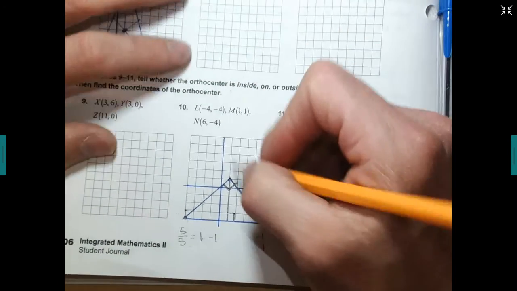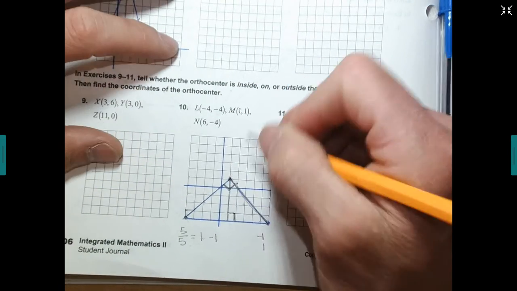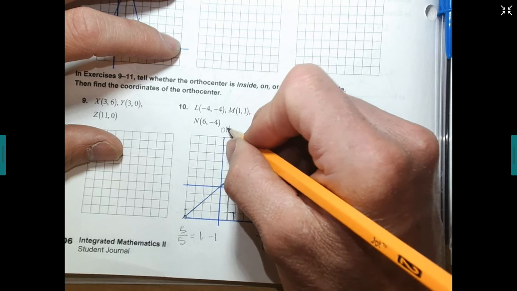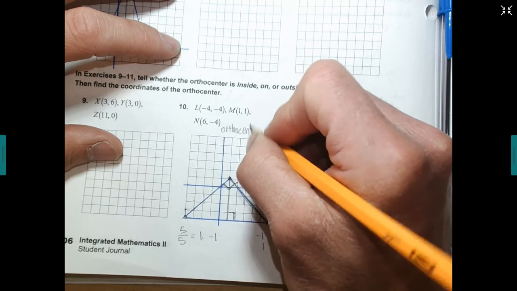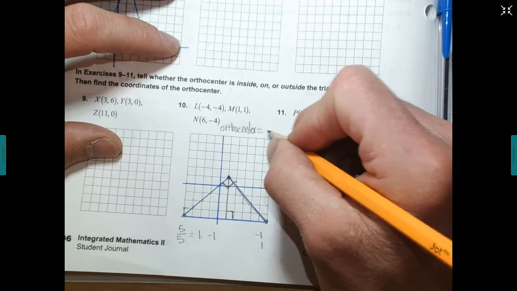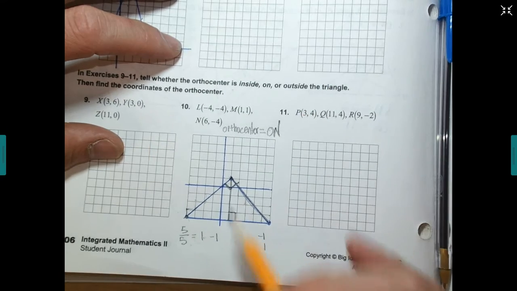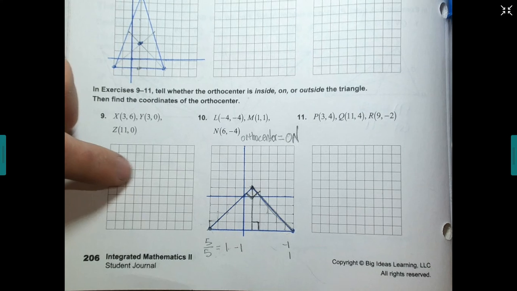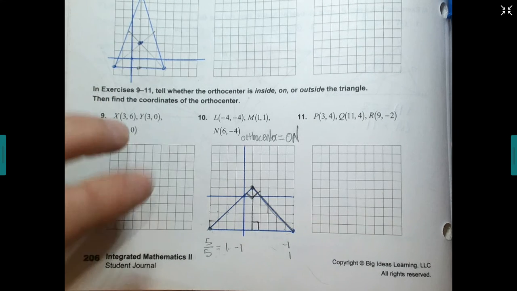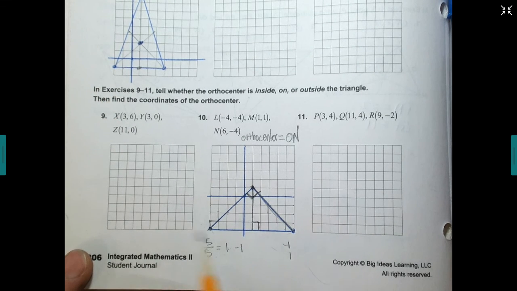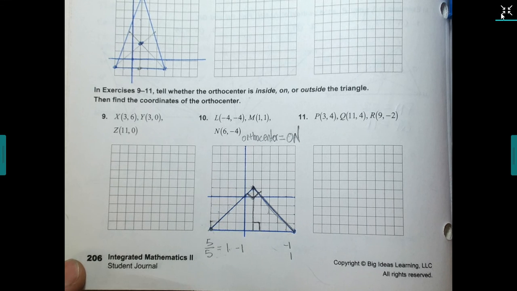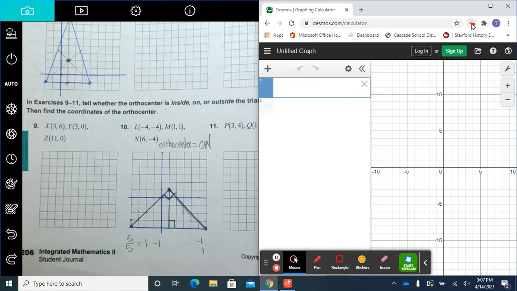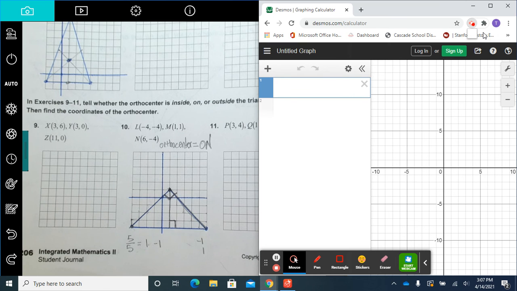So that means that our orthocenter is on our triangle. So chances are you're going to have maybe one inside, one outside, but give these two a try. I'll be here to answer any questions that you have and help you out as much as I can. And that's your homework, 1 through 11.